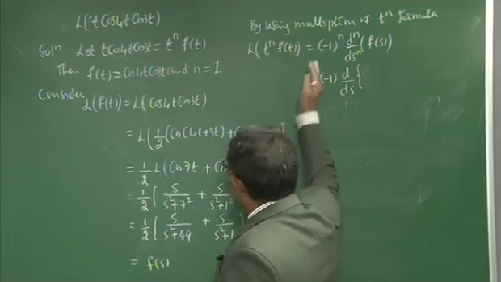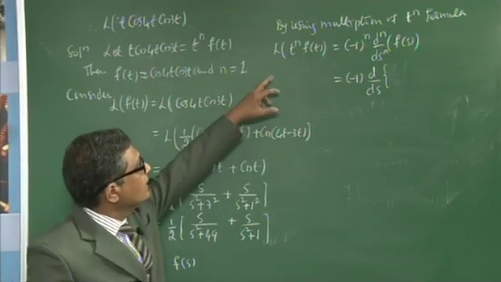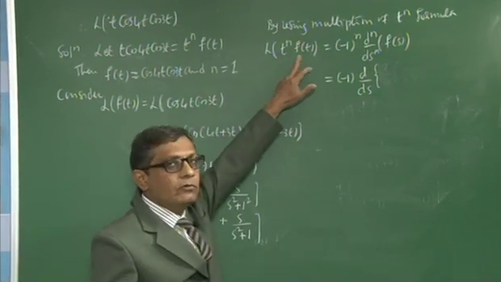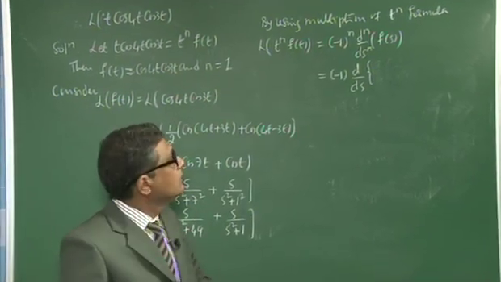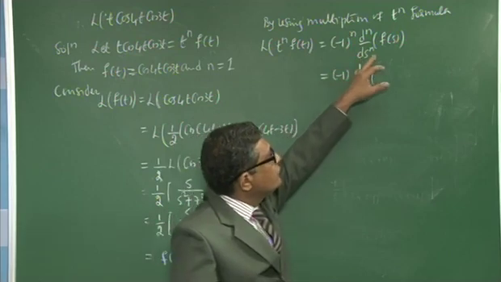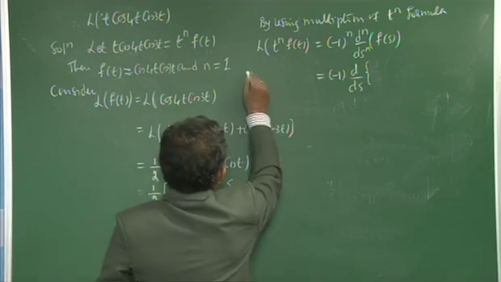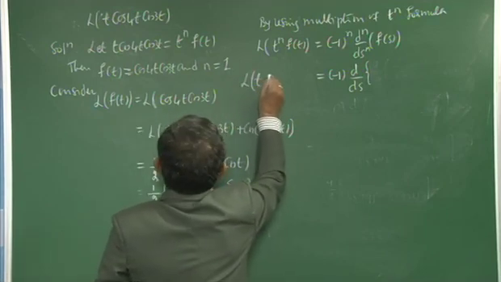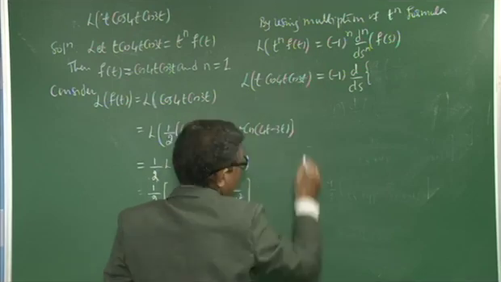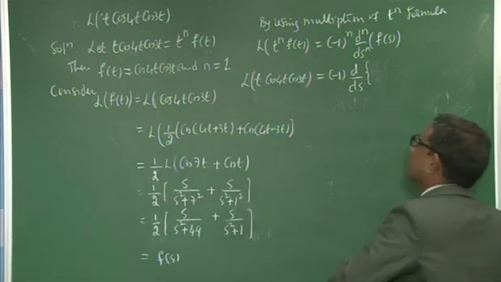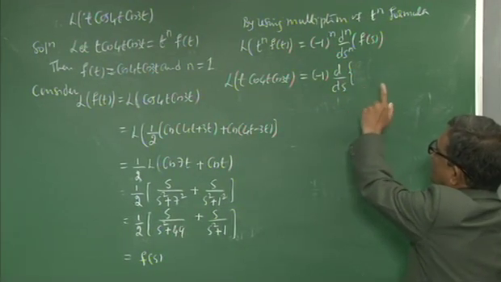Now again use the multiplication by t raised to n formula. L of t raised to n f of t equal to minus 1 whole to the power of n, d raised to n by ds raised to n of f of s. Now substitute the corresponding value. L of t cos 4t cos 3t equal to, RHS, n is 1, minus 1 d by ds of f of s.